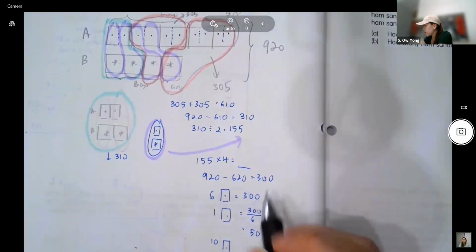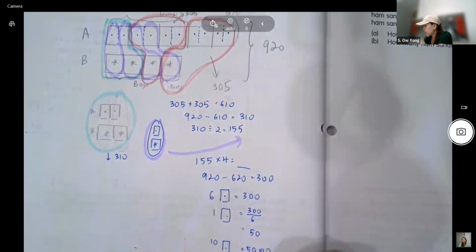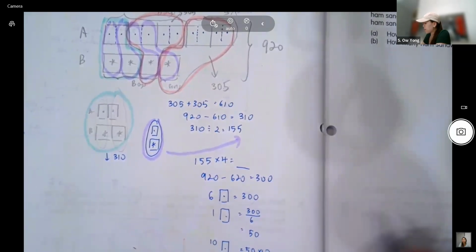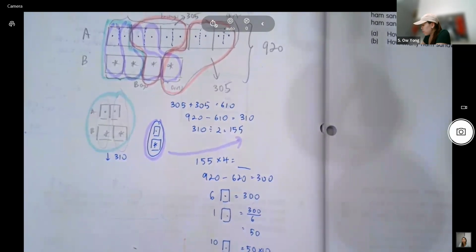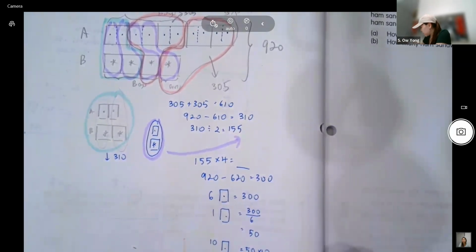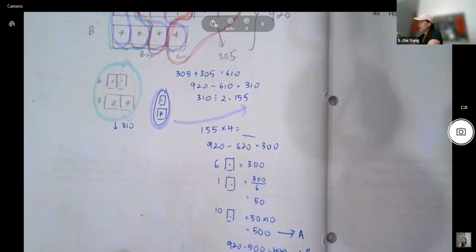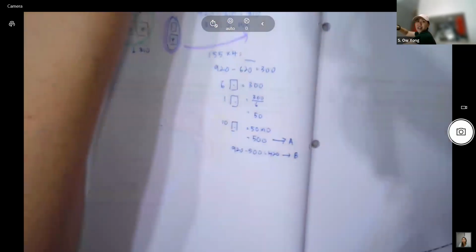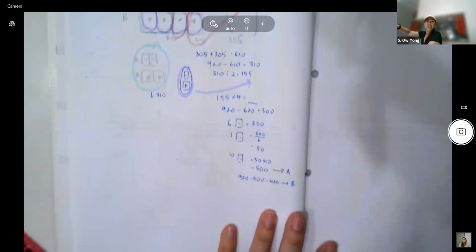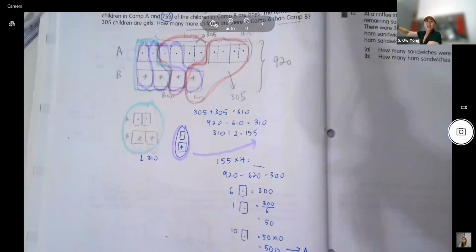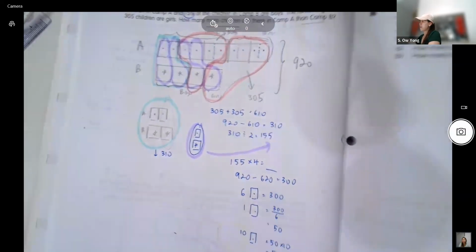Yes, 50. So now you can find 10 units in A. 10 units will be, sorry, 50 times 10 to give you 500. Then you can find out the number. At least I know this is the total number in A. When you minus, you can get the total number in B. So now when they ask you how many more children are there in A than B?